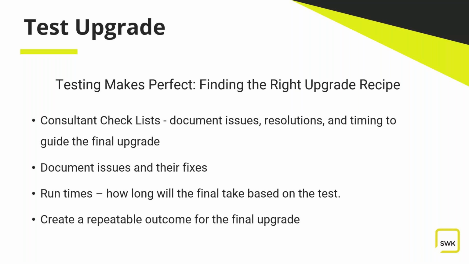We will have you test it. We want you to basically break it, tell us what needs polish. If you report an issue, we'll document that as well as what we did to fix it. If it's something that needs to be dealt with in the course of the final upgrade, we will actually add it to our checklist. An example of that would be we just did an upgrade.